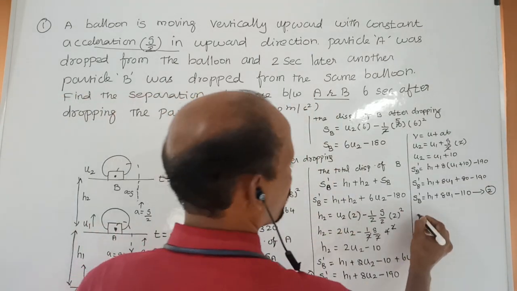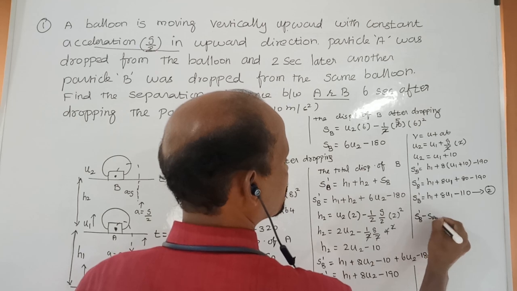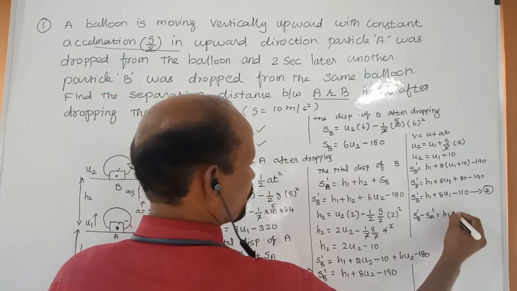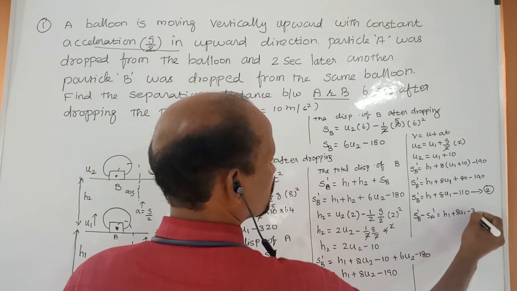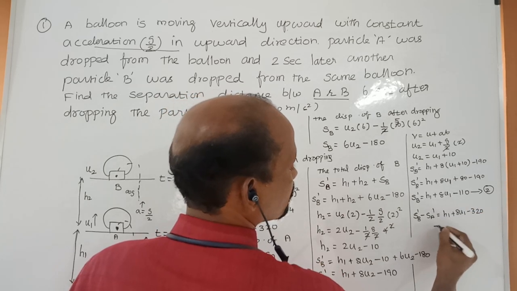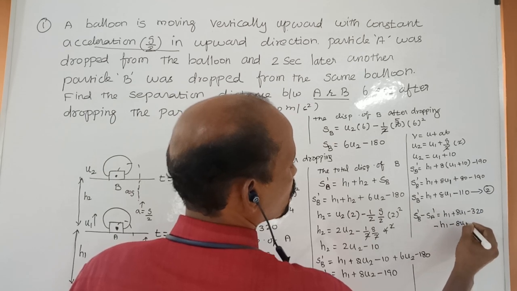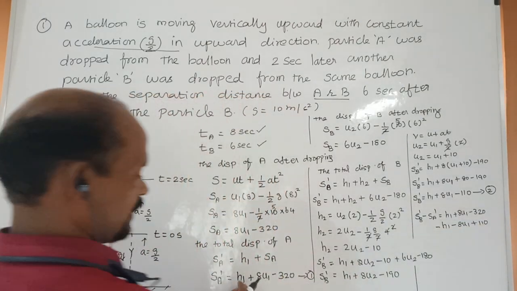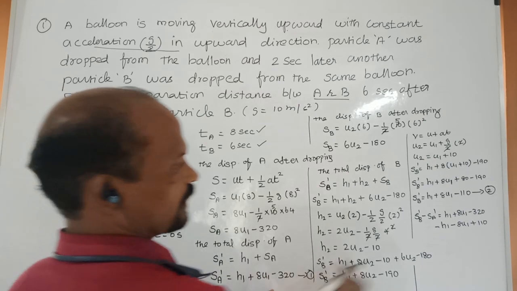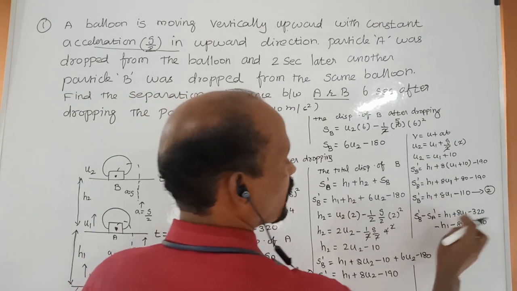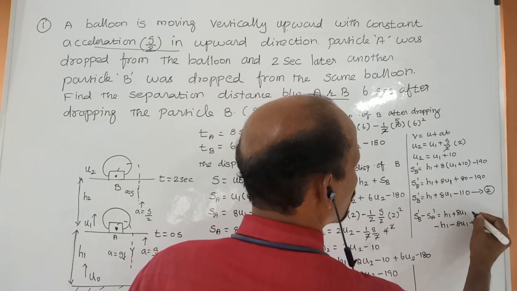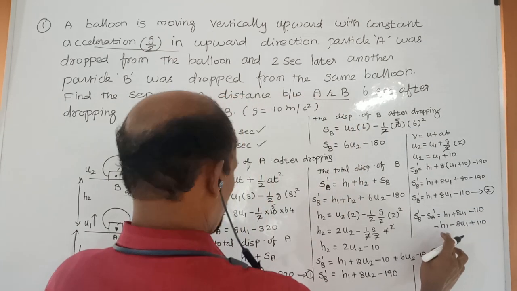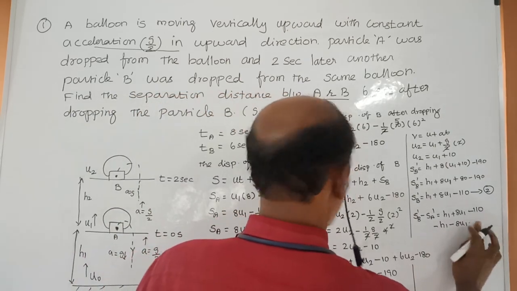By subtracting these two equations, S_B dash minus S_A dash equals H1 plus 8u1 minus 110, minus H1 minus 8u1 plus 320.